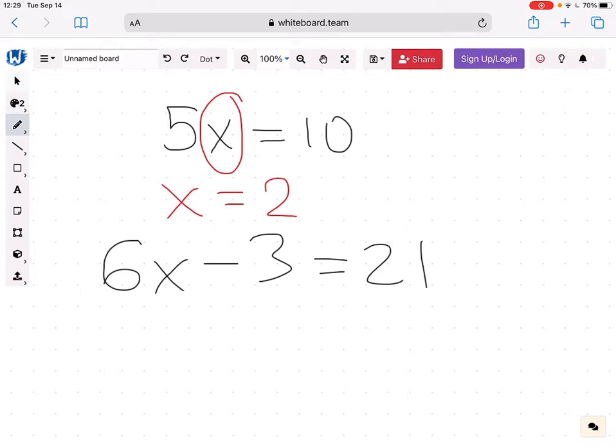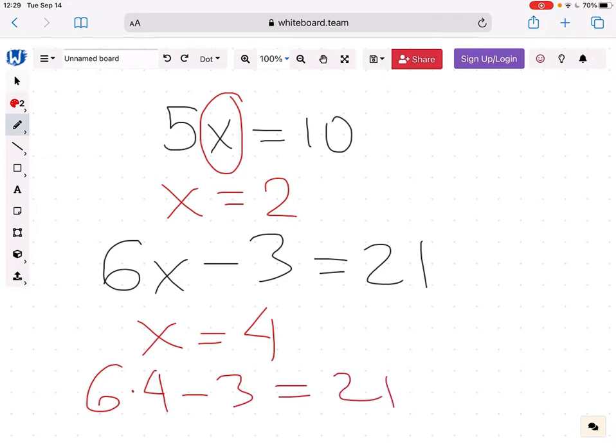What it means is we're looking for a number which we call x. And if you take this number, multiply it by 6, and then subtract 3, you're going to get 21. Well, if you think a little bit, you'll figure out that in this case, x needs to be 4, because 6 times 4 minus 3 is 21.